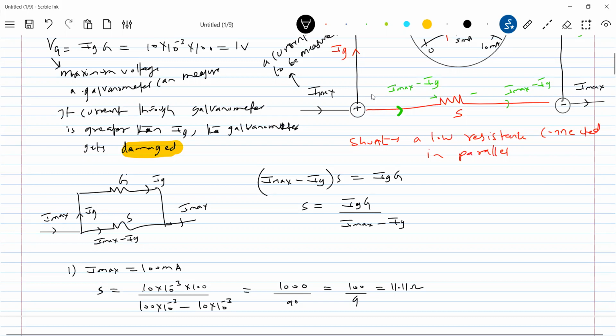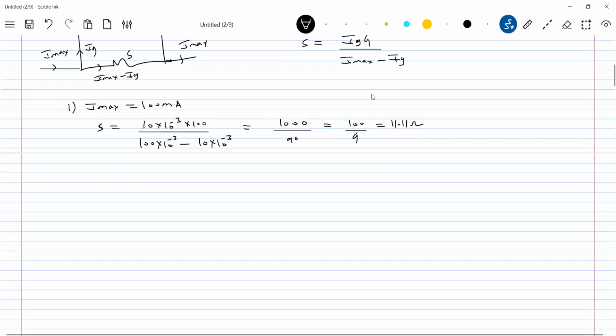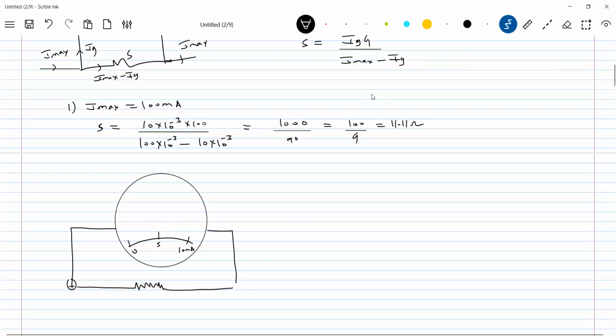So let's see how it will work out. Really, sir, will it measure? It is the same galvanometer; I'm not going to change it. What was the range? 0, 5, 10 milliampere. Then I connected a shunt of this value.